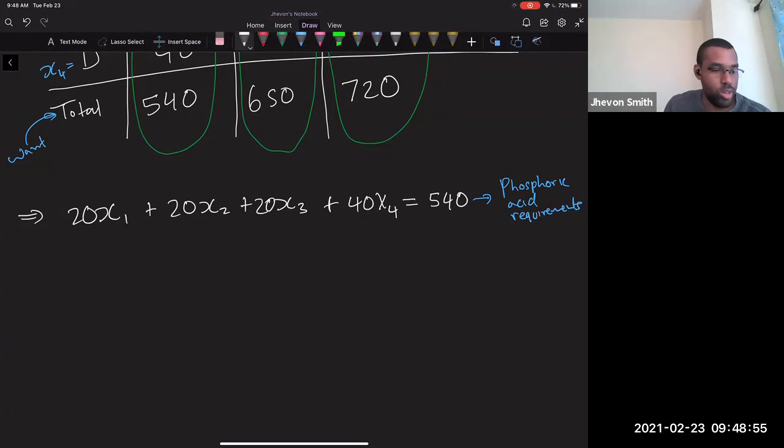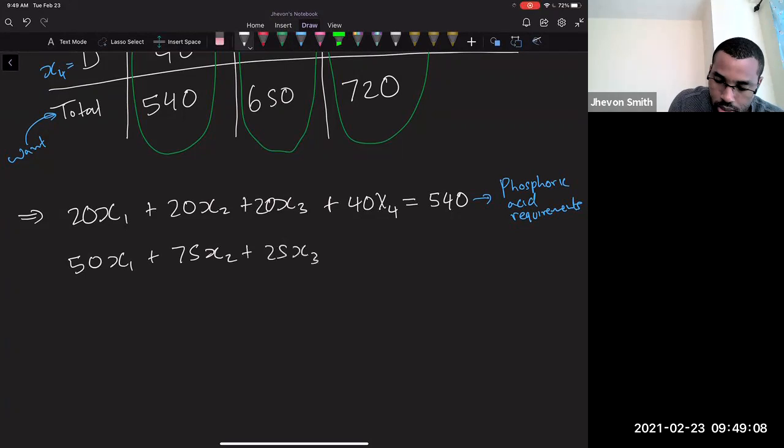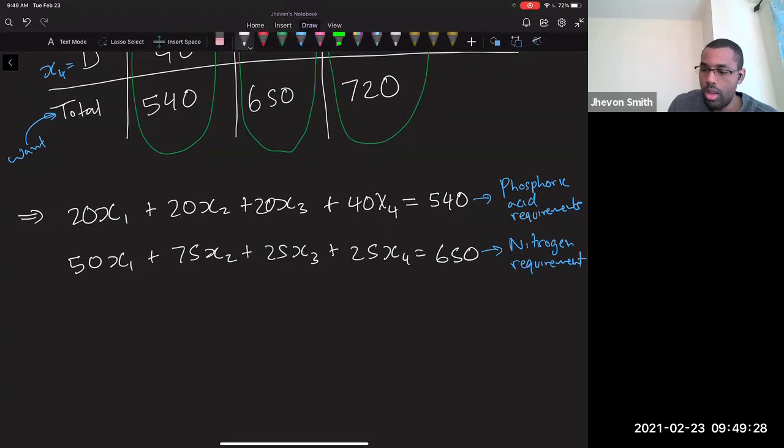Then we do the same thing for nitrogen and potash. So this would give us 50, 75, 25, 25. This is 650. This is the nitrogen requirement. Third equation, we'll talk about the potash requirement.